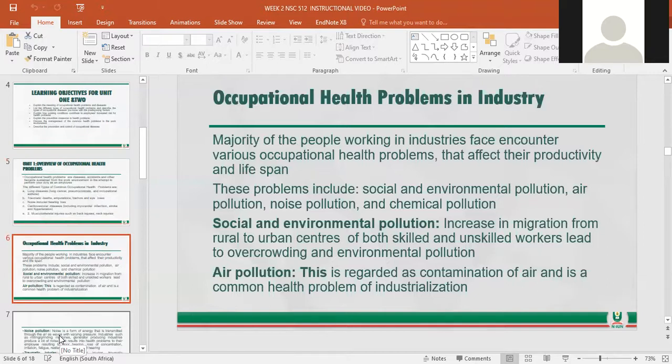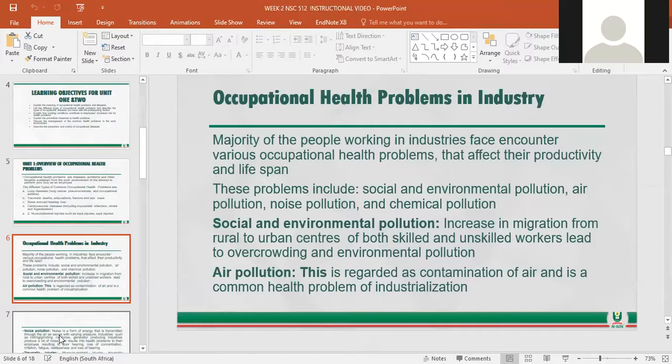Although all these challenges are there, how do you as a nurse help the organization as well as the employer and the employee not to become useless at the end of their working years? What do I mean by useless? When you end up having disease problems as a result of your work, then when you stop the work, it becomes a challenge to you.